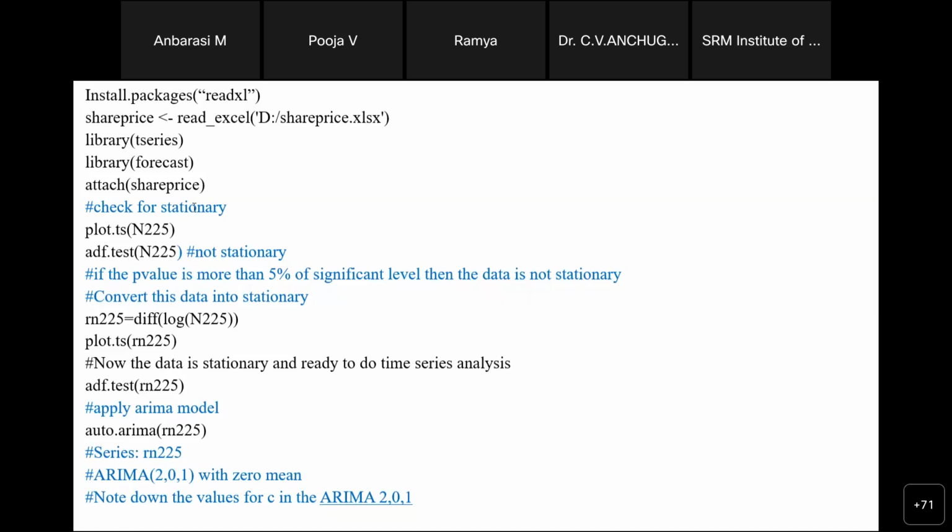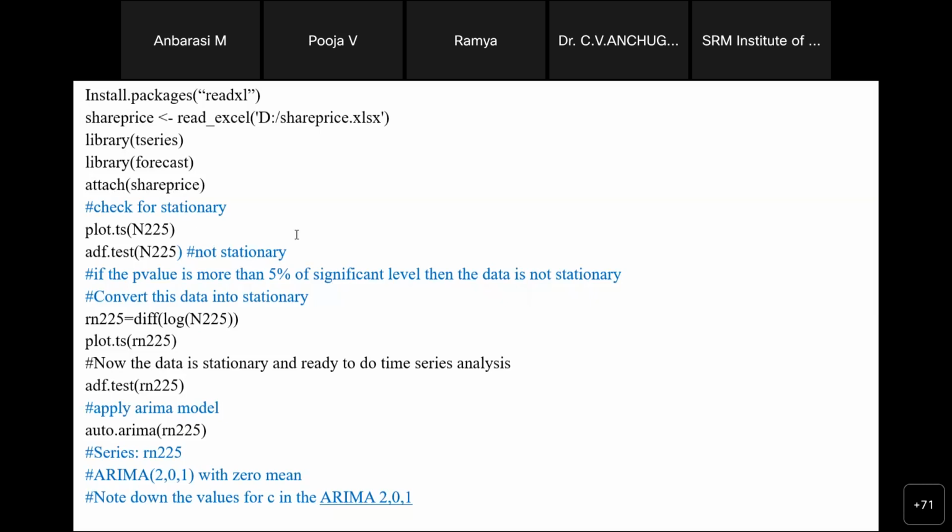In this case, whatever parameters we have calculated in auto.arima, the same parameters we can pass here itself. So arima, the given data set, comma, vector value. This we can call a vector value, comma, order equal to c of whatever the auto ARIMA parameters generated.